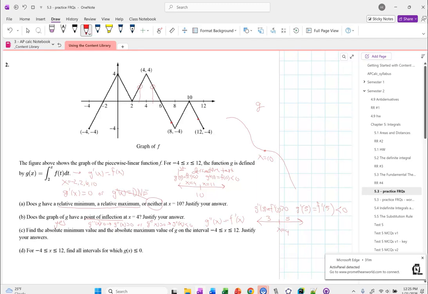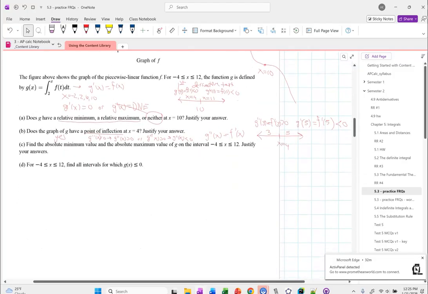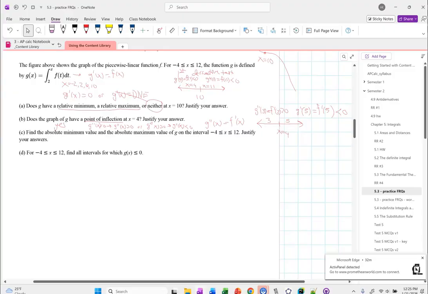All right. Should we do C? C says find the absolute minimum value and absolute maximum value of G on the closed interval -4 to +12. Justify your answer.